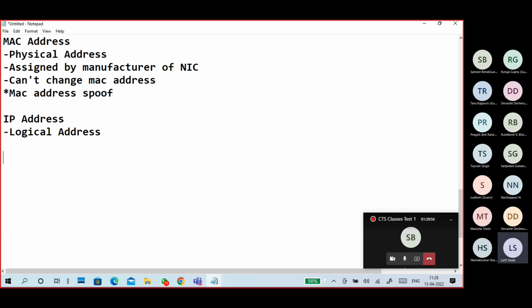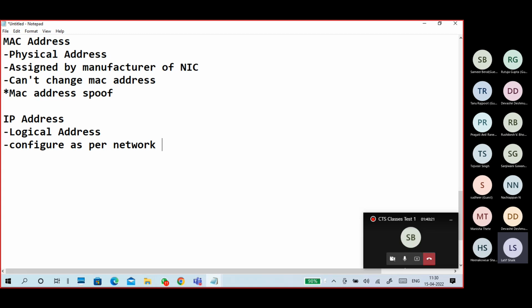Okay, IP address is a logical address. We all communicate with IP address only. We configure the IP address as per the network.